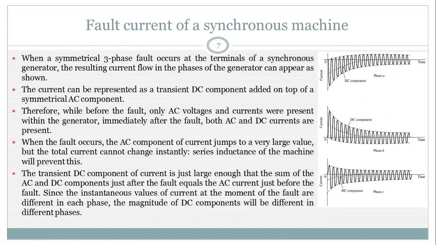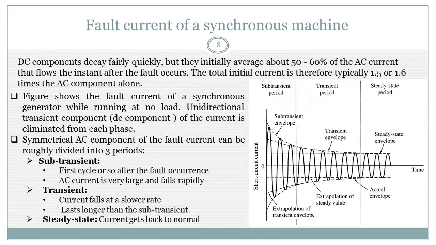Now in the total period, in the current envelope with respect to time, there are almost three peaks. One is the initial high peak, which is called the subtransient current, and this is the subtransient period.